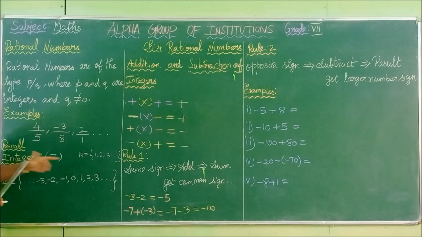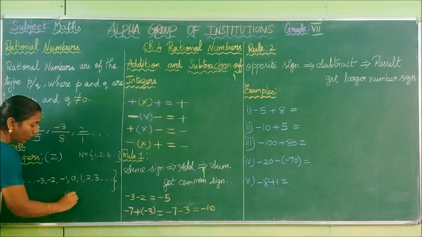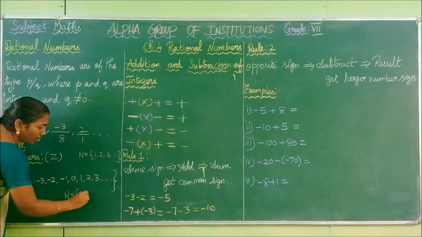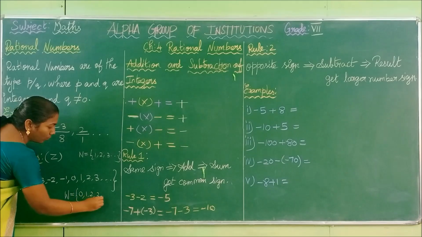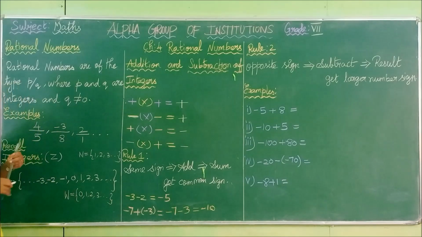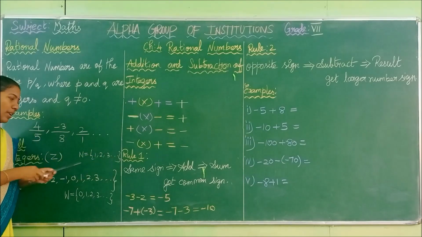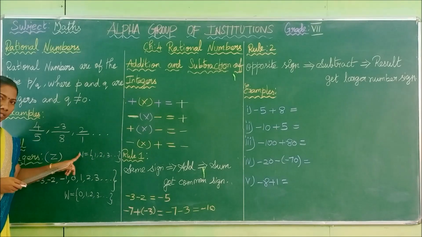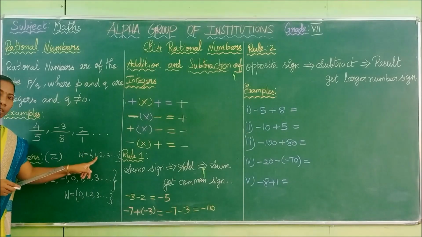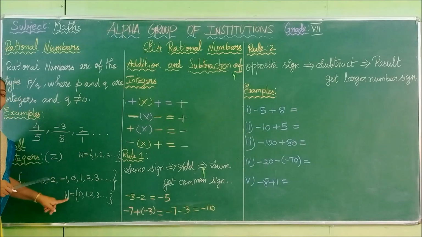If you add 0 with the natural numbers, what do you get? Yes, whole numbers. So whole numbers are 0, 1, 2, 3, etc. The collection of the numbers 1, 2, 3, etc. are said to be natural numbers. Its symbol is N. Along with the natural numbers, if you add 0, you get whole numbers.